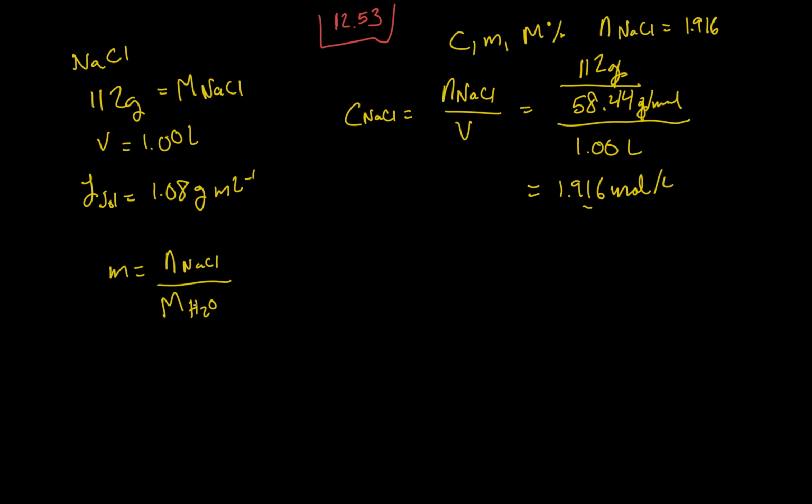What we need is the mass of the solvent. We know that we have 1 liter total of this, so we can multiply it by the density and get the amount of grams we have.